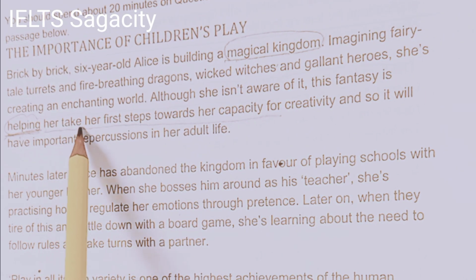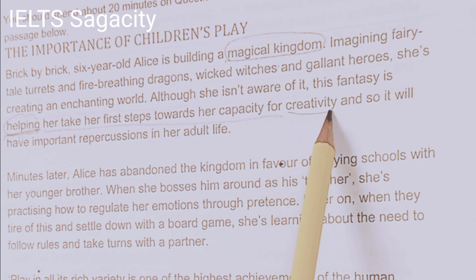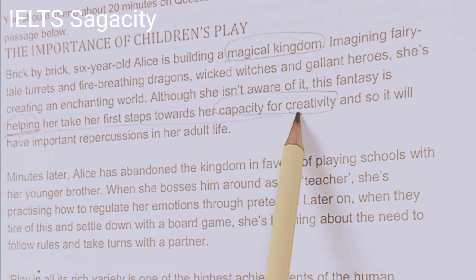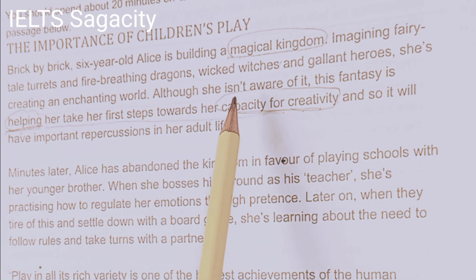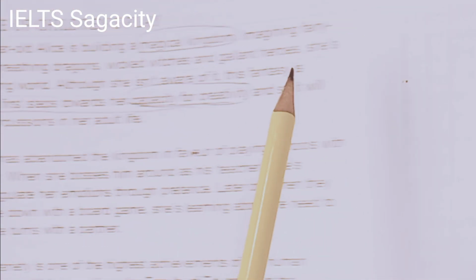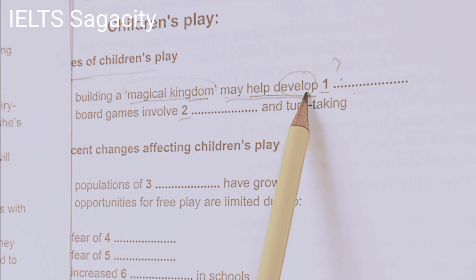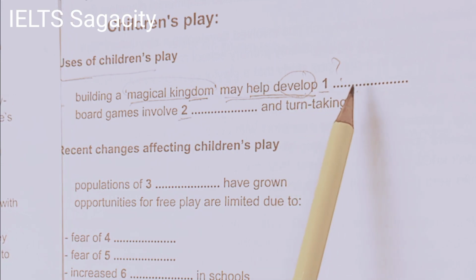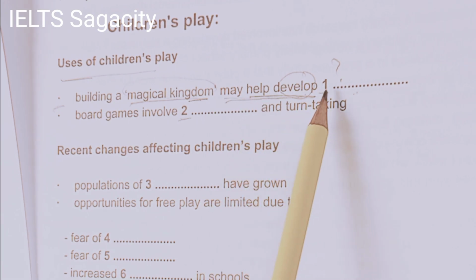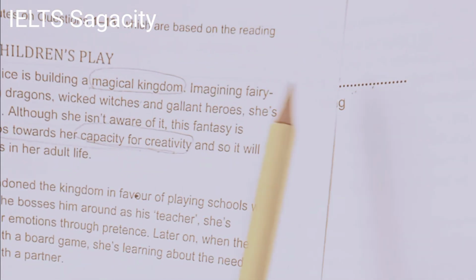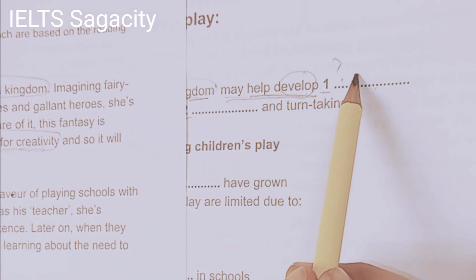So the answer lies here. So now we shall try to fit these words into the question statement. Building a magical kingdom may help develop capacity. Does not make sense. Capacity of what? Building a magical kingdom may help develop creativity. So yes, creativity should be the answer for the first question.